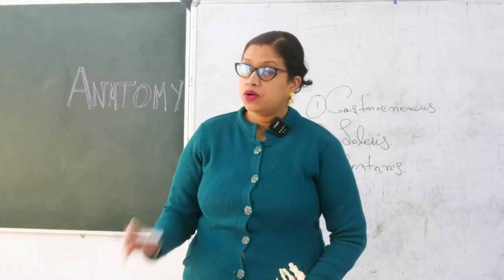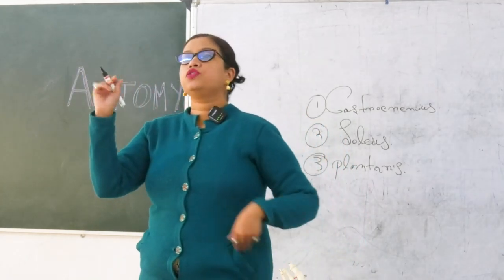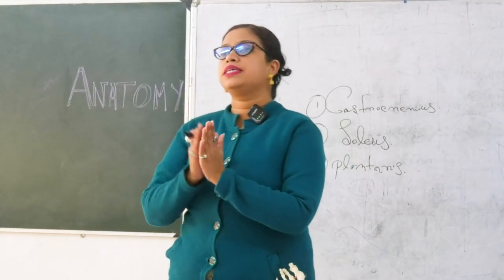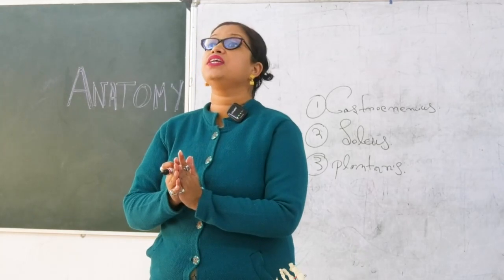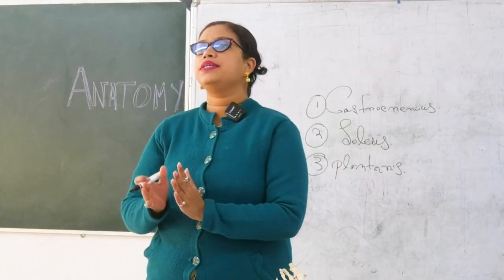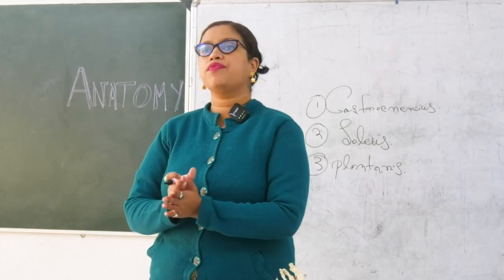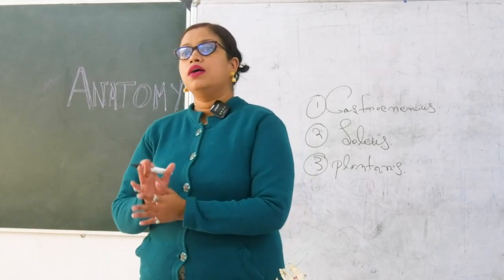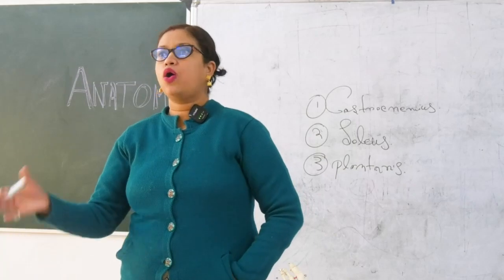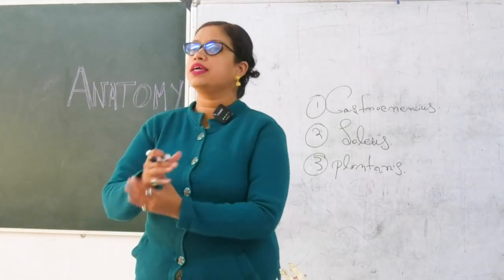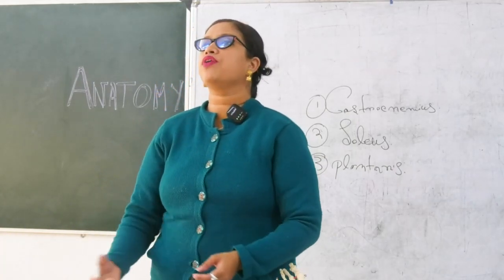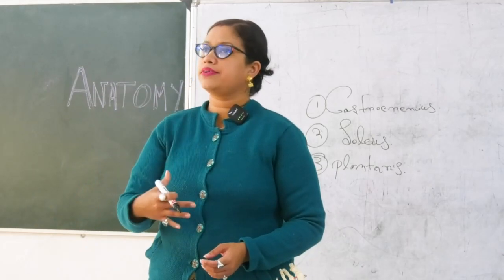Centripetal. Now understand a little, there are two types of circulation. One is centripetal, the other is centrifugal. Centripetal means it is coming from the periphery, from the hand, the feet, the leg or the forearm, and going to the center of the trunk.